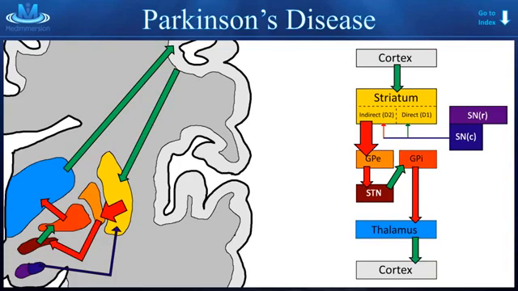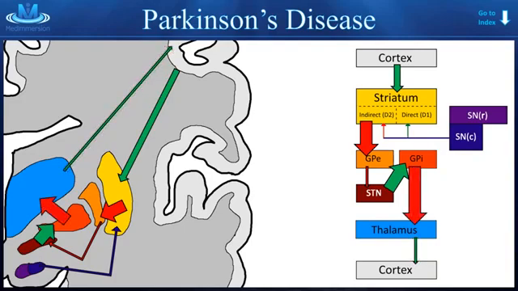So it inhibits the globus pallidus externus even more. And then the globus pallidus externus inhibits the subthalamic nucleus less. The subthalamic nucleus stimulates the globus pallidus internus more, and we're back to where we were. Okay? Does that make sense?